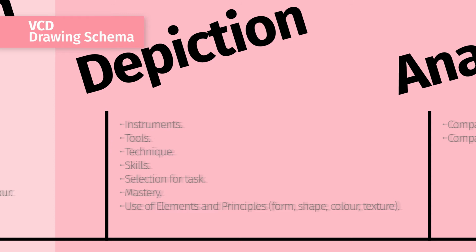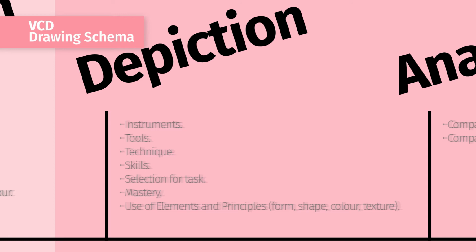And it's about working towards a mastery of a skill, I suppose. And certainly the use of elements and principles, particularly form, shape, colour, texture. So it's about how students develop these skills and then how they select them to be appropriate for the task at hand. So I won't go into further details within this model, but certainly this can be expanded much, much further depending on the context of the drawing task that you're in.